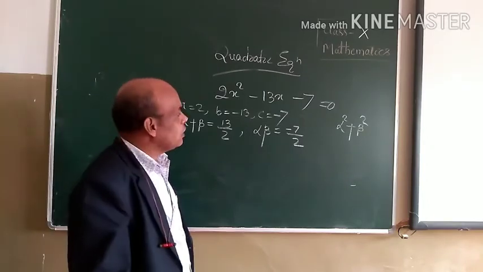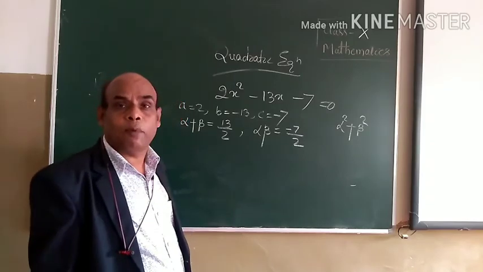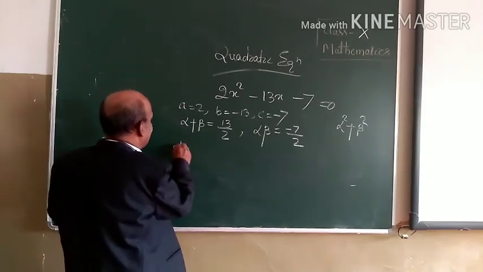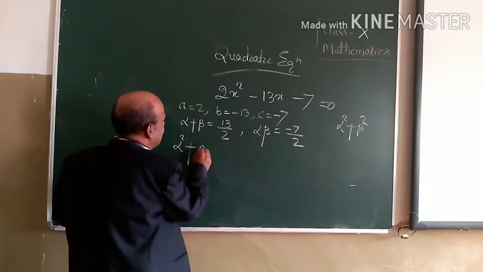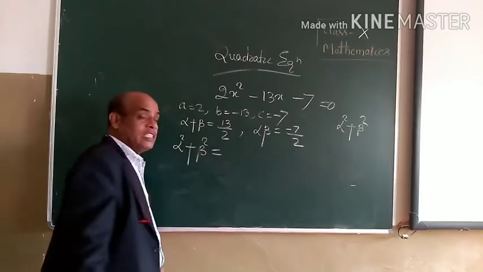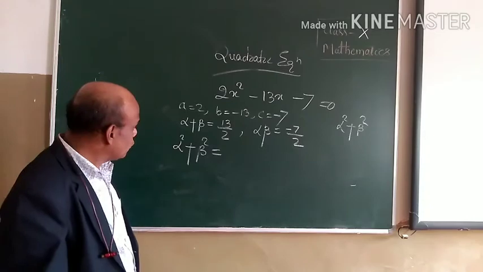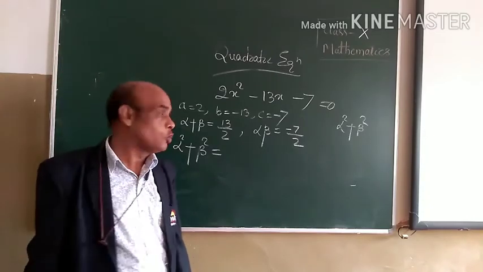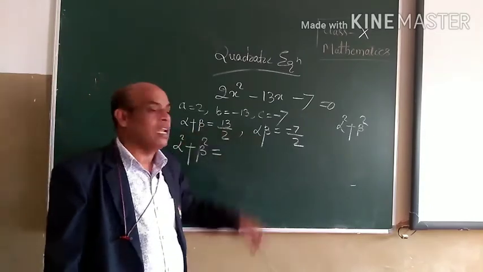But your question is to find alpha square plus beta square. So you will write alpha square plus beta square. When you find alpha square plus beta square, you have to remember that you have to use alpha plus beta as well as alpha beta.